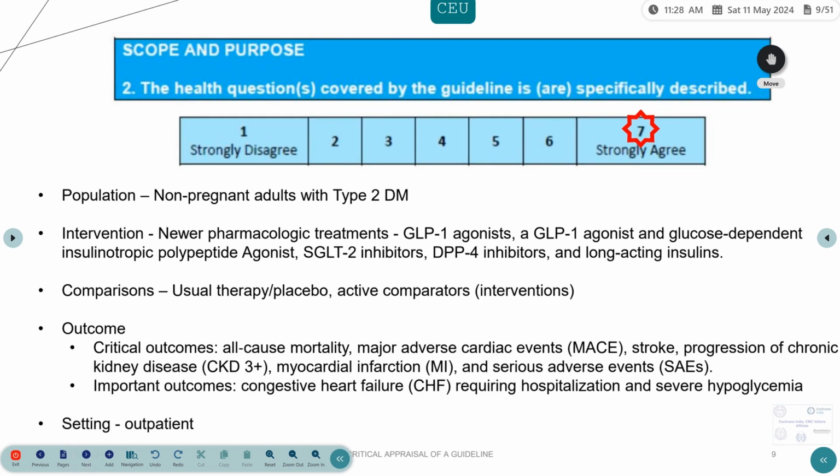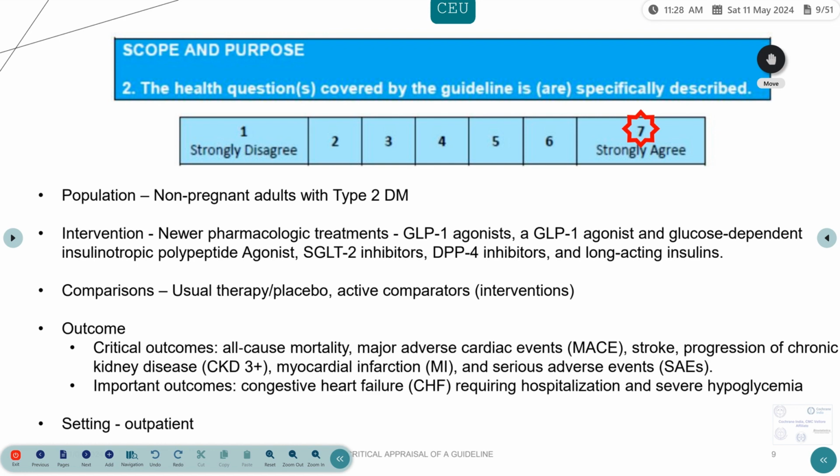The second question is whether the health question covered by the guideline is specifically described. They have included this 5-part statement in the supplementary. It was a little unclear in the guideline itself, but they mentioned it in the supplementary clearly. Population was non-pregnant adults with type 2 diabetes. Intervention was any of the newer pharmacological treatments as mentioned here.